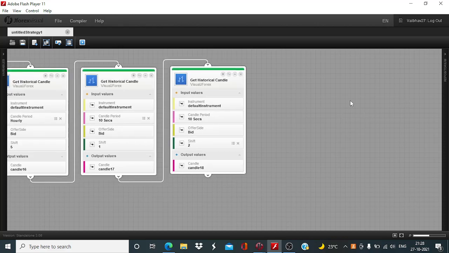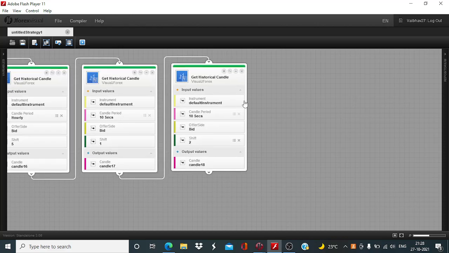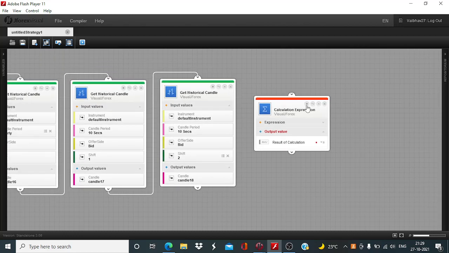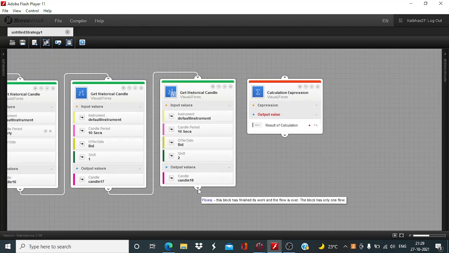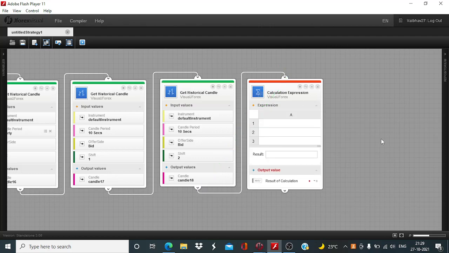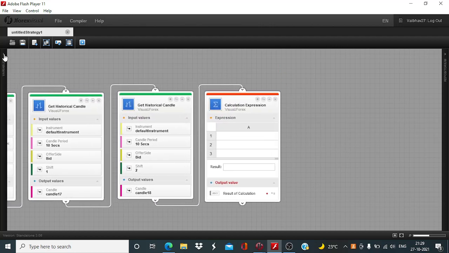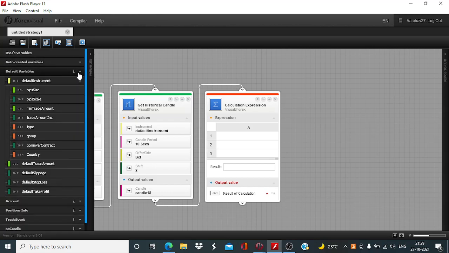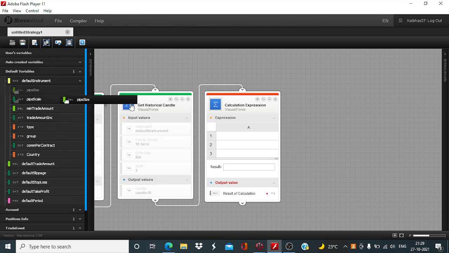Okay. Now we have to define 20 pips. For that, mathematical components will be needed, calculation expression blocks. To define 20 pips, I will use default instrument pip size and multiply it with 20.